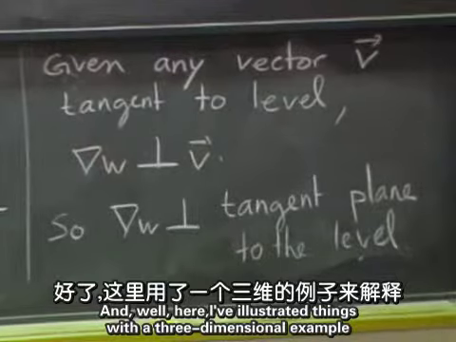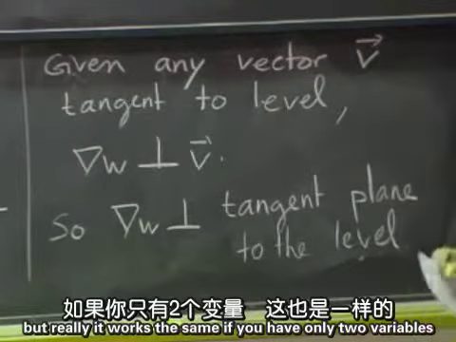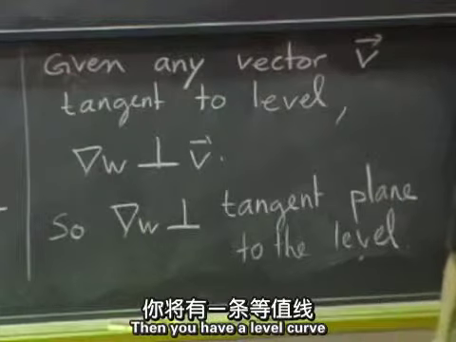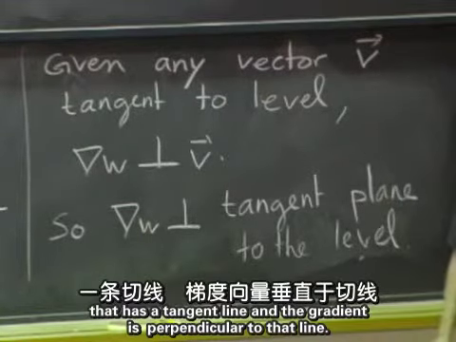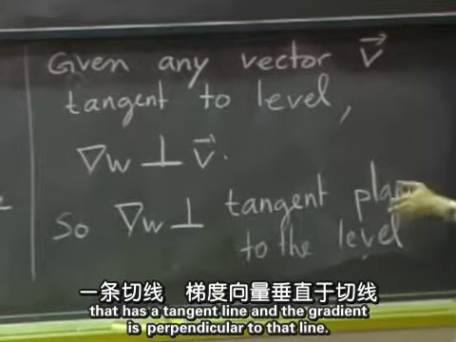Well, here I've illustrated things with a three-dimensional example, but really it works the same if you have only two variables. Then you have a level curve, it has a tangent line, and the gradient is perpendicular to that line.